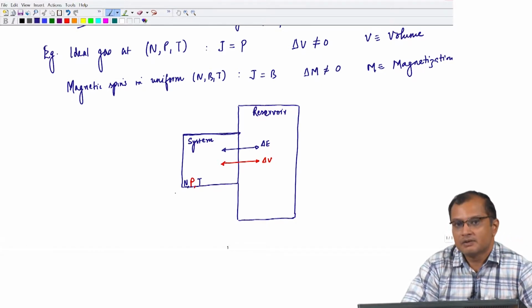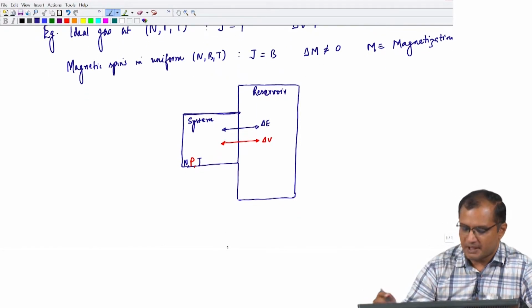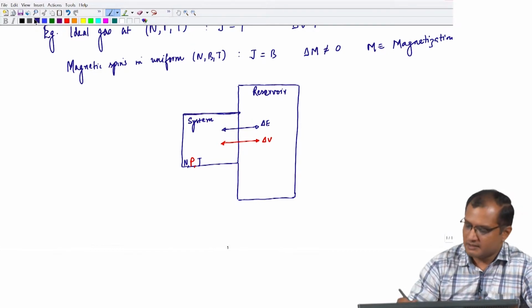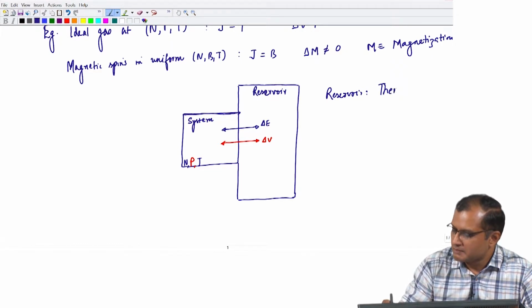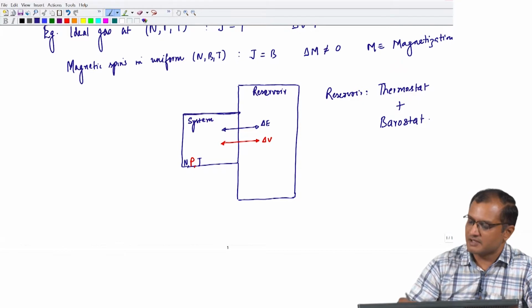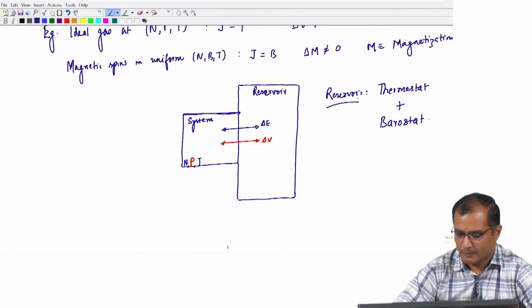Okay. So, that is the meaning of keeping N, P and T constant. So, this reservoir is basically nothing but a combination of a thermostat, because it keeps temperature constant in the system, and it is also acting as a barostat, which means it is keeping pressure constant. So, that is the reservoir for us, a combination of thermostat plus barostat.